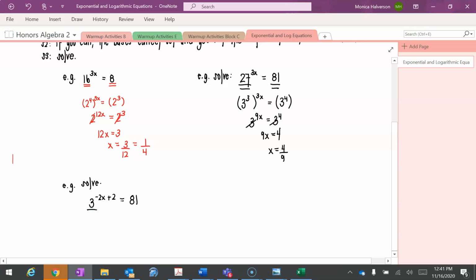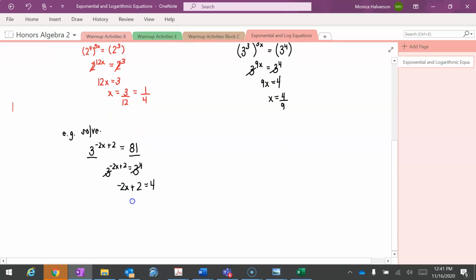Well, this already can't be written as a lower base, but 81 can be written as 3 to the 4th. Now that the bases are the same, they cancel out, and you set the exponents equal to each other. And then you solve. 2x equals 2, x equals negative 1.